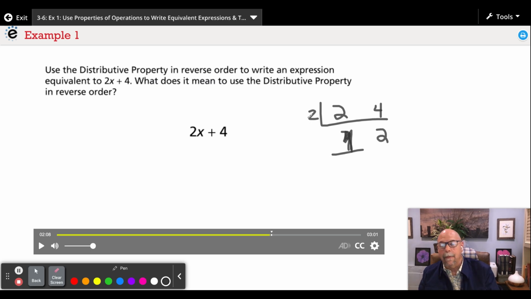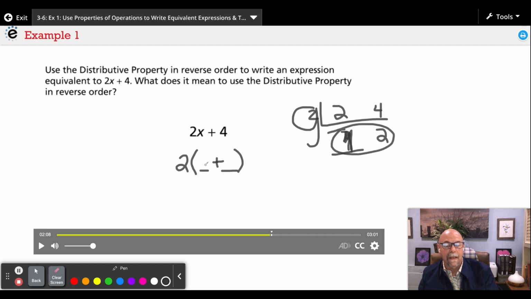Well, the reason this ladder method is so effective here is because the greatest common factor of those two things is the factor that goes in front of a set of parentheses. Now, the two things that have to be in the parentheses, for right now, I'm just going to draw in blanks. But those two numbers are at the bottom of our ladder.